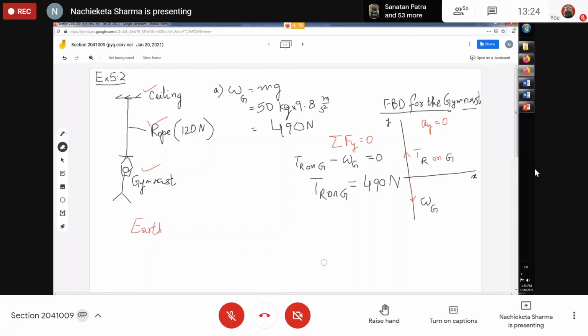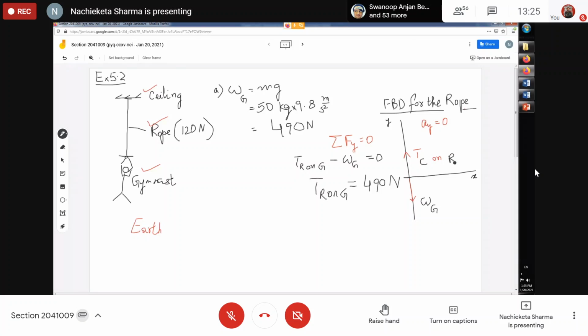So here I will change from the gymnast, and I will draw the free body diagram for the rope, showing the forces exerted by others on the rope. One is the ceiling. The ceiling is pulling the rope upward, so I will write T C on R, tension of the ceiling on rope.